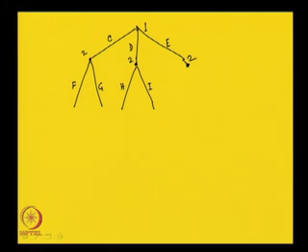If he chooses D, again player 2 has two options, H and I, and if he plays E, again player 2 has two options, J and K. So, there the game ends, there is no other action by any other player.